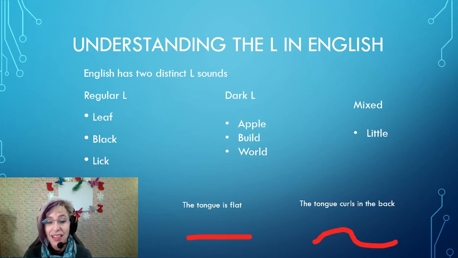Then we have what we call the dark L, and your tongue curves in the back. Apple, build, world, all. And then we have words that are mixed, like little. So as someone learning the language and listening and hearing it, they are hearing the 2 different L sounds. So all does sound like oh to them because it doesn't compute in their head.